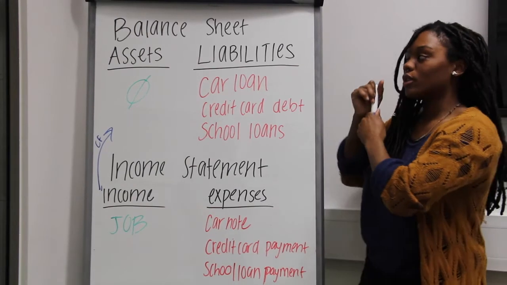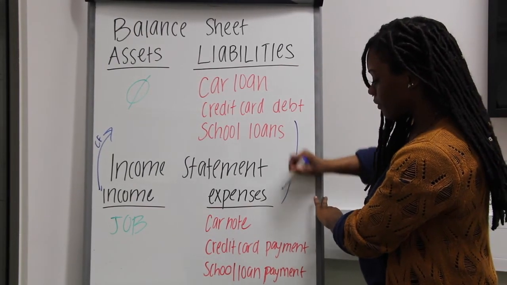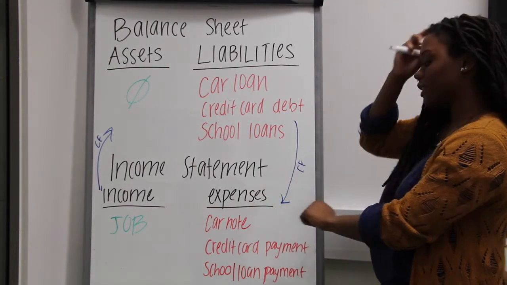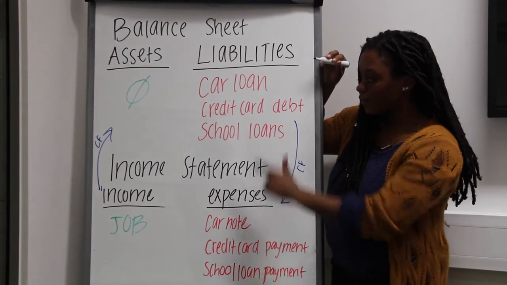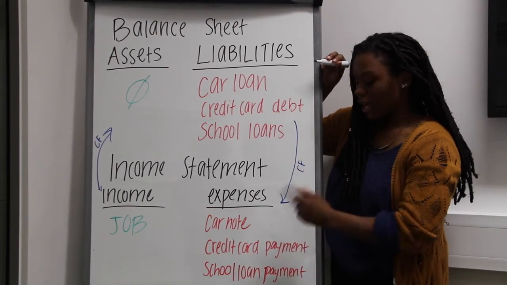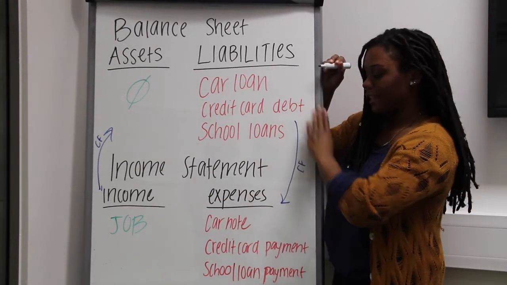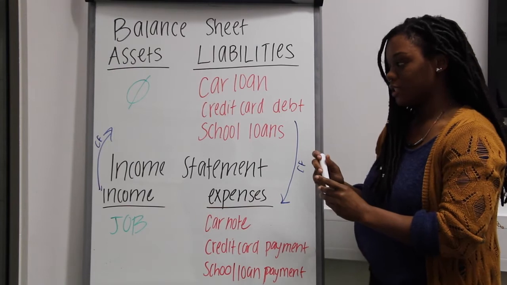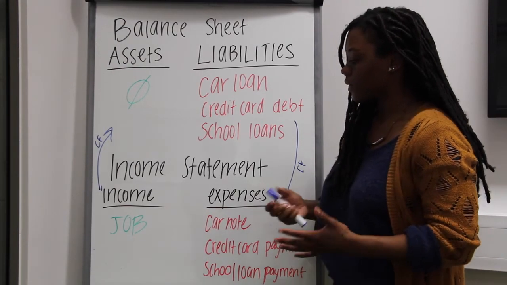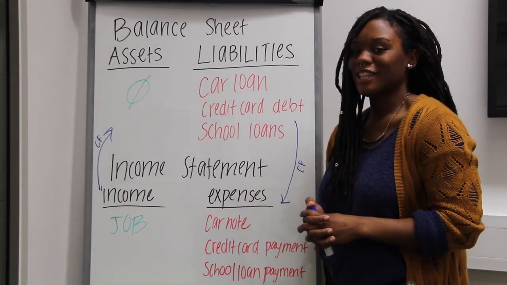So the goal is to have your liabilities flow into your expenses. You want your overall credit card debt to be spread out in credit card payments. So income flows into assets, and liabilities flow into expenses. And then from there, we will move on to our next subject.